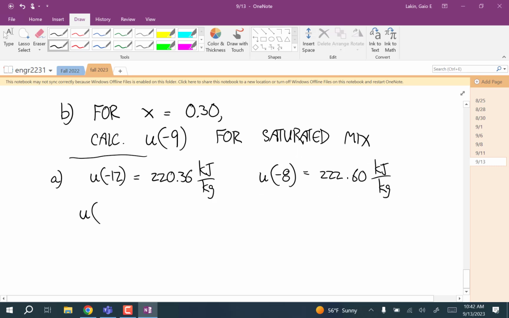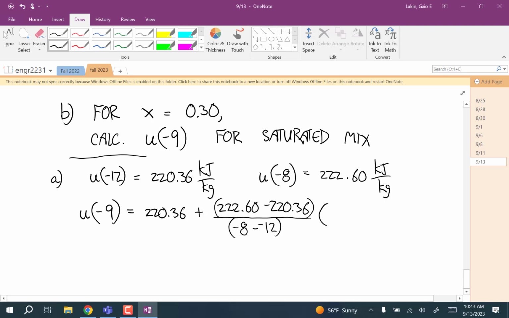And so the approximate value at -9 is 220.36 plus (222.6 minus 220.36) divided by (-8 minus -12), times (-9 minus -12). And I get a value of 222.04 kilojoules per kilogram.